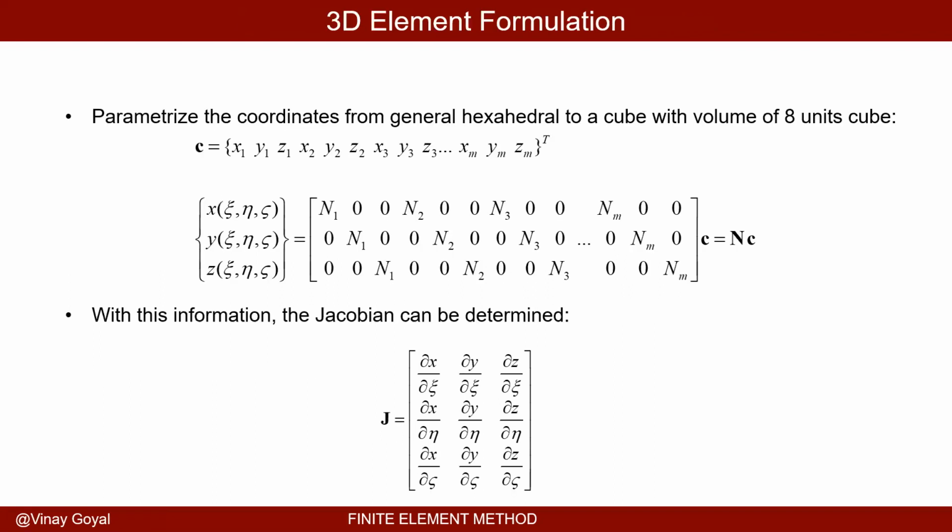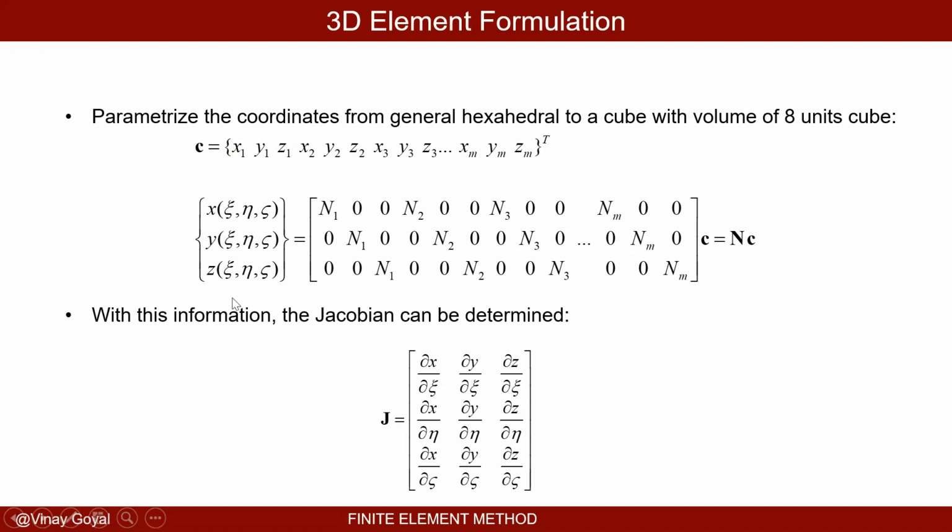So what I'm going to do to turn that hexahedral to a cube, which has 8 nodes, or it could be m nodes, we can keep it general. So I have the coordinates of every node. Node number 1 has coordinates x1, y1, and z1. Node number 2 has coordinates x2, y2, z2, and so forth up to the mth node, xm, ym, and zm.